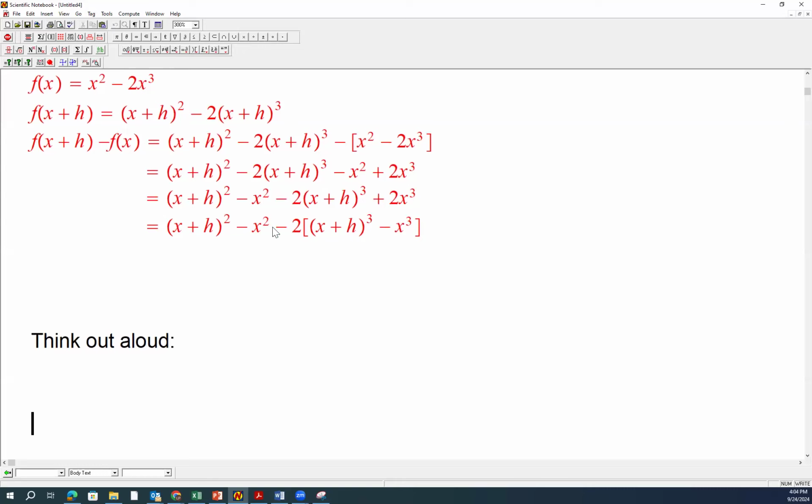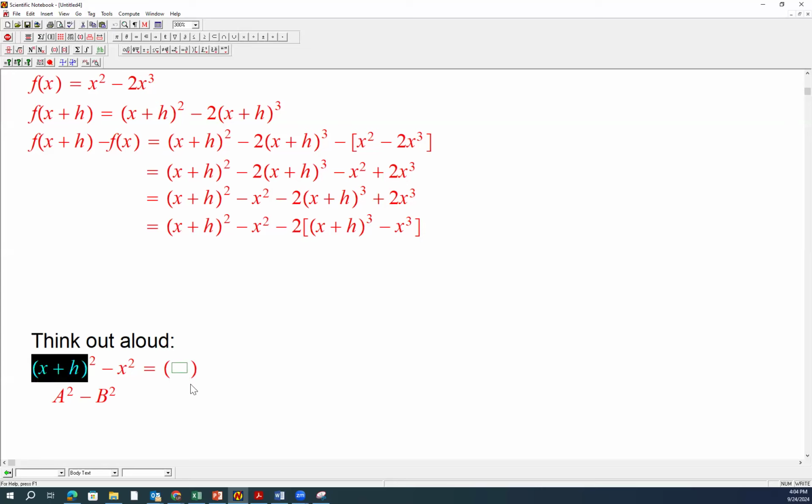So I see this piece as a squared minus b squared. You can FOIL and combine like terms, but this is what I see. I see this is a, this is b. So that's equal to a plus b times a minus b.